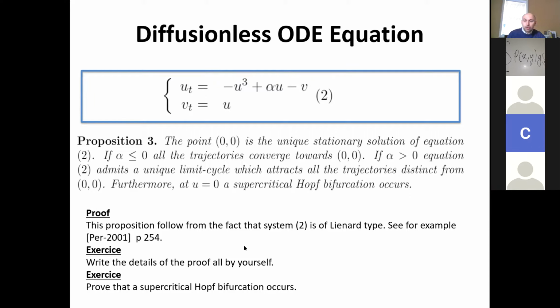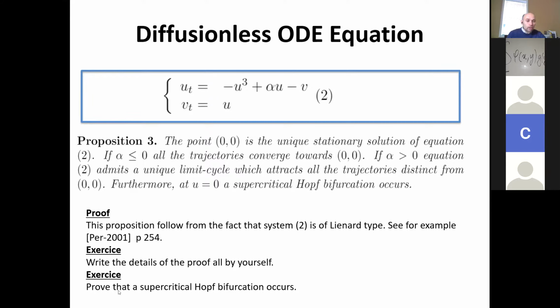It's interesting to go to the details, and you can also prove the occurrence of the supercritical Hopf bifurcation. I'm just going to give you the idea of the proof.